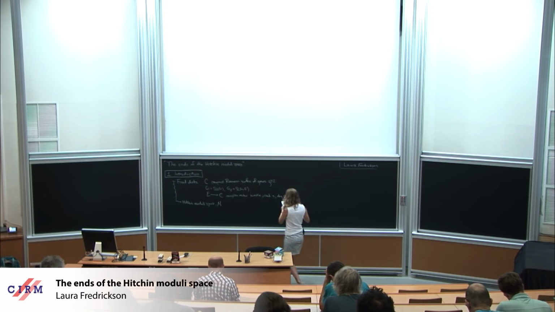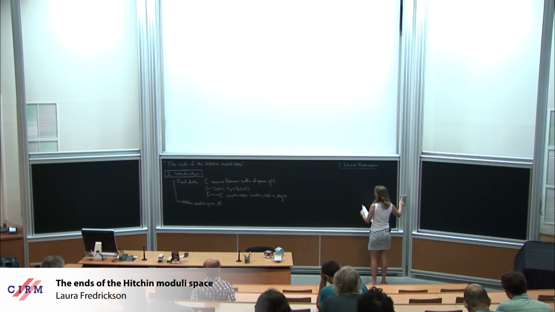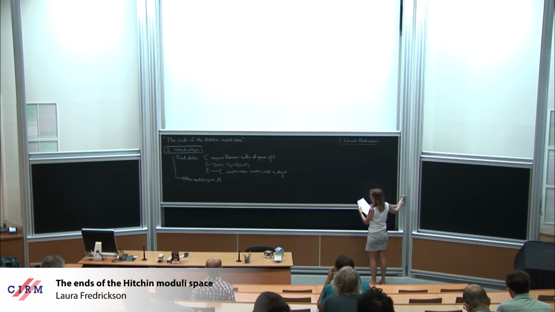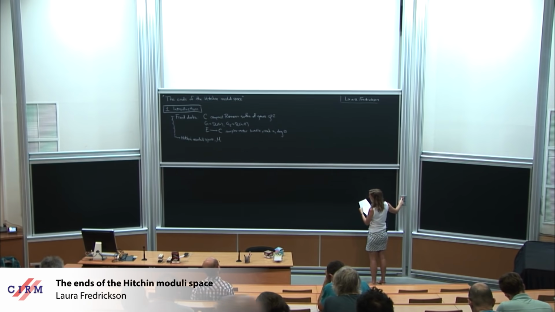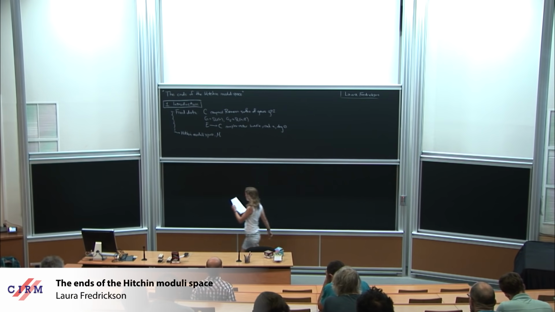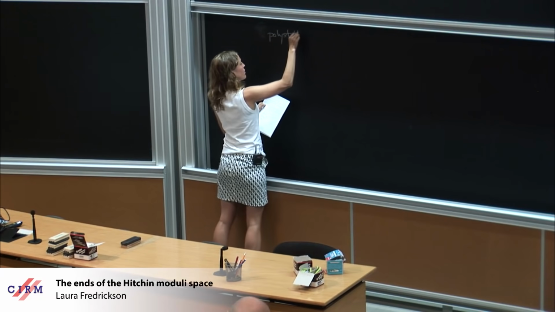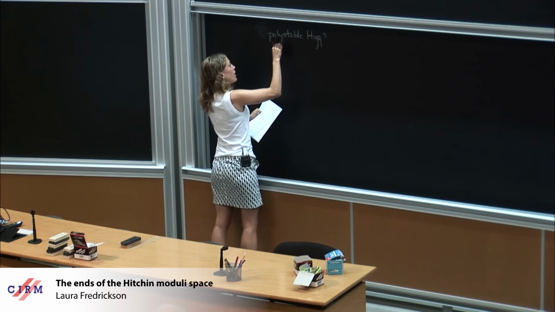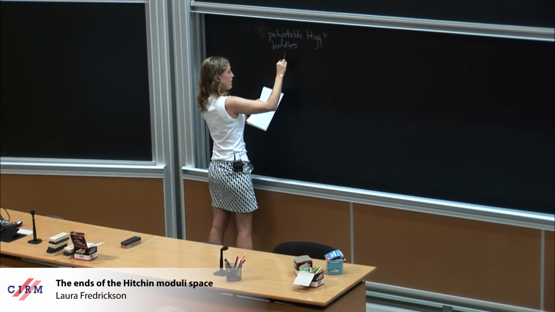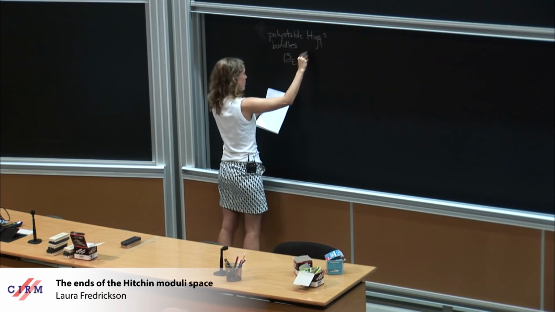So the points of the Hitchin moduli space are Higgs bundles. And so we have this equivalence between polystable Higgs bundles on one side, and I'll consider this a pair of a holomorphic structure on the bundle, which makes it a holomorphic bundle, and a Higgs field phi.